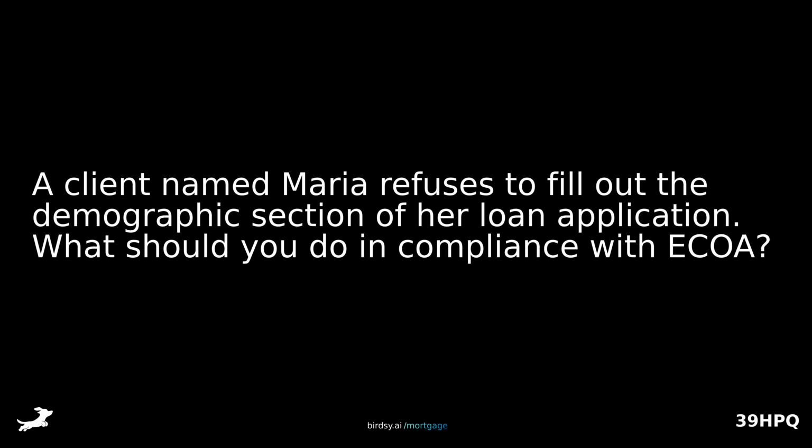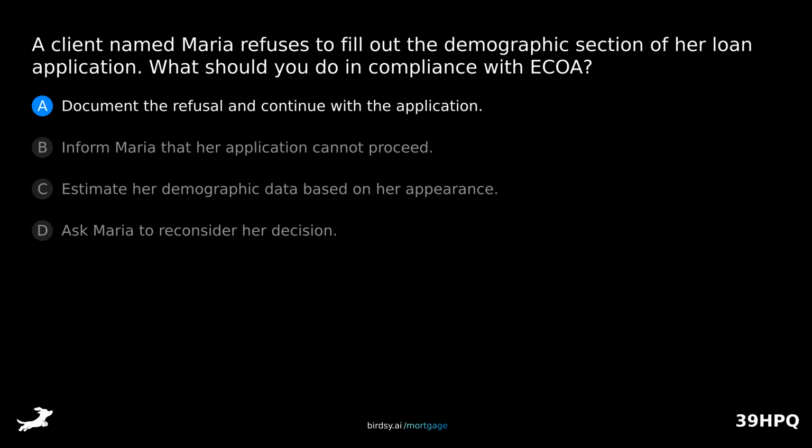A client named Maria refuses to fill out the demographic section of her loan application. What should you do in compliance with ECOA? Is it A, document the refusal and continue with the application? B, inform Maria that her application cannot proceed? C, estimate her demographic data based on her appearance?